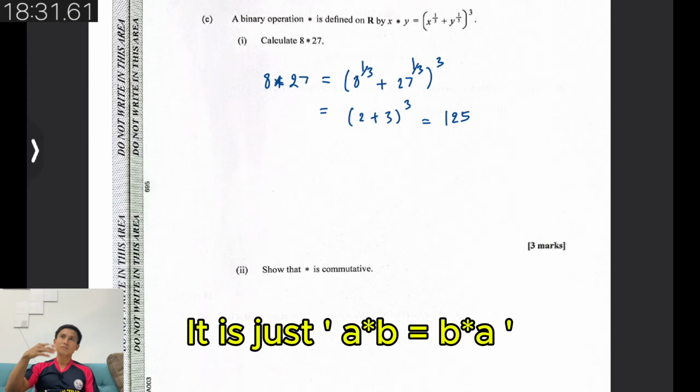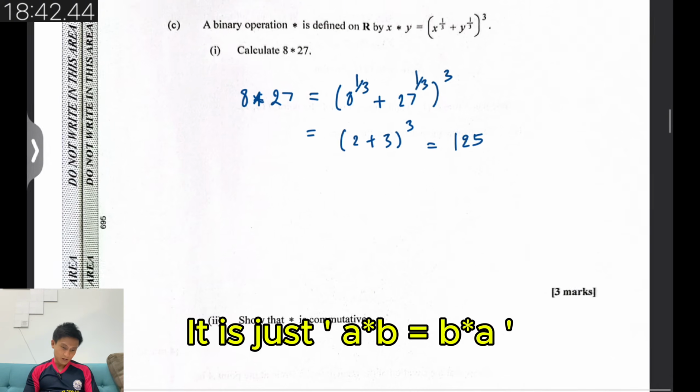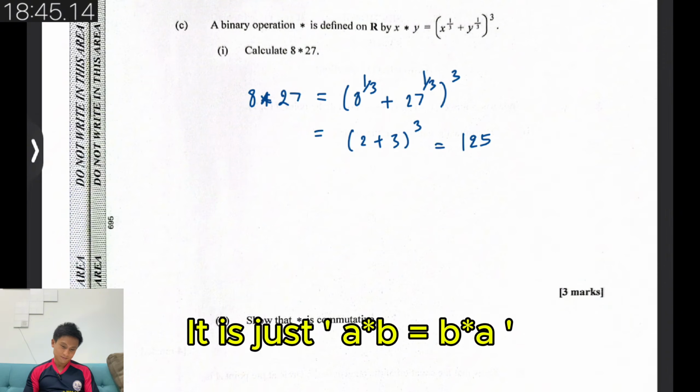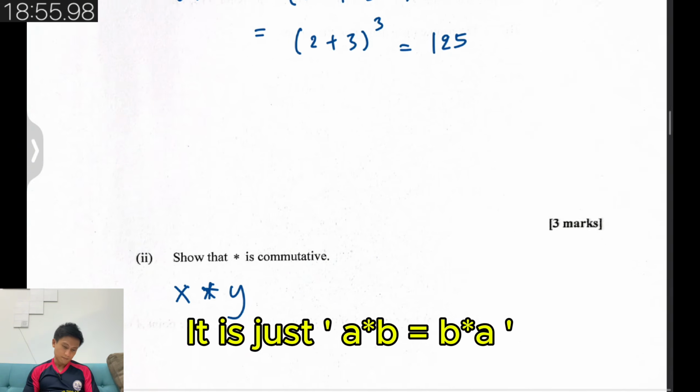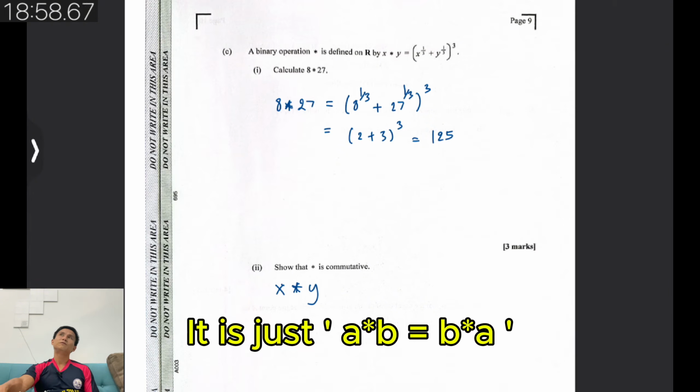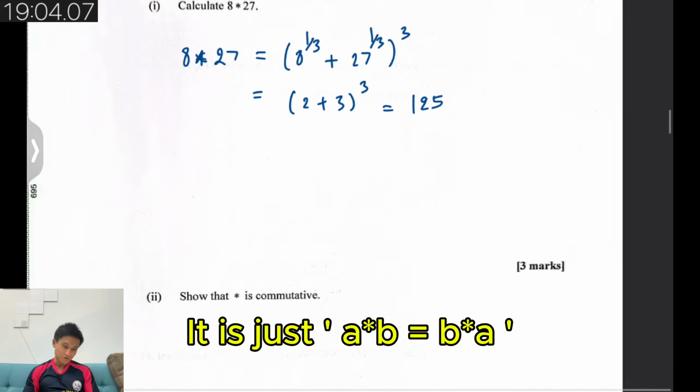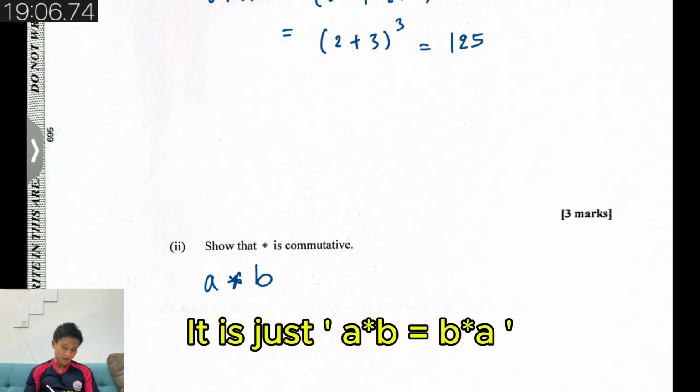So commutative means that A asterisk B is equal to B asterisk A, yeah? So I can just do X asterisk Y there. Distributive, commutative, I think commutative is this. If I'm not mistaken, I could be.